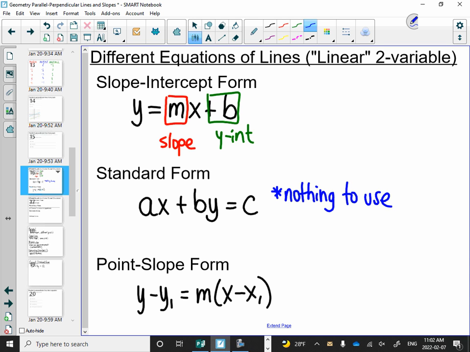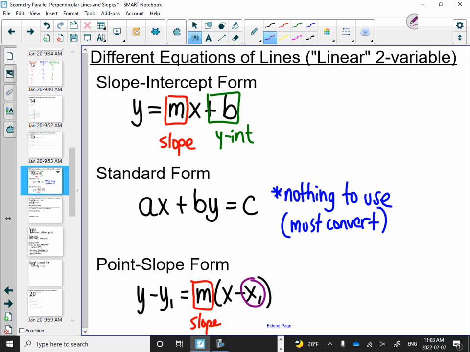So if we're in standard form, you're going to have to convert it. So if you want to write that down, must convert. Now, in point slope form, this is your slope, just like slope intercept form. All right. And then this x1 and y1 represent an xy coordinate, which is your point.